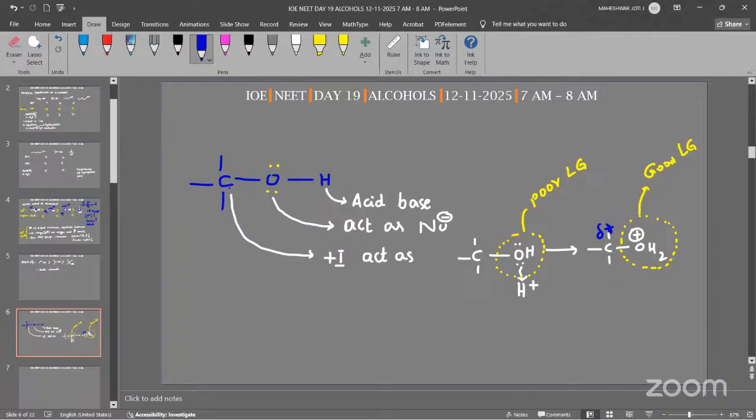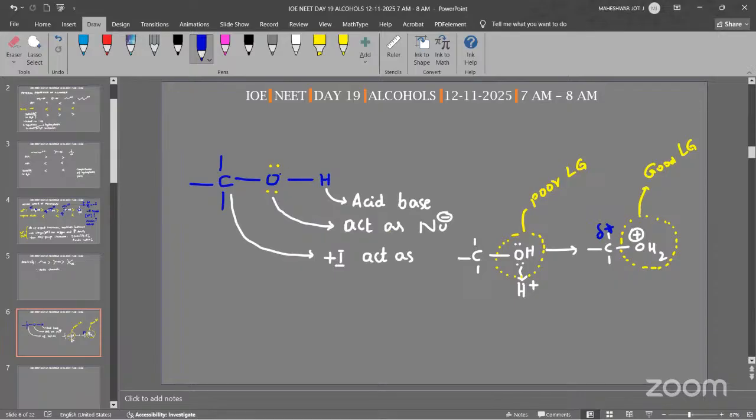So here, alcohols with respect to carbon act as electrophiles. Due to plus I effect, electron density will be more over the carbon. So this electron density can be donated to the partially positively charged carbon so that they act as electrophiles. So carbon acts as electrophile. Oxygen, due to lone pair, acts as nucleophile.